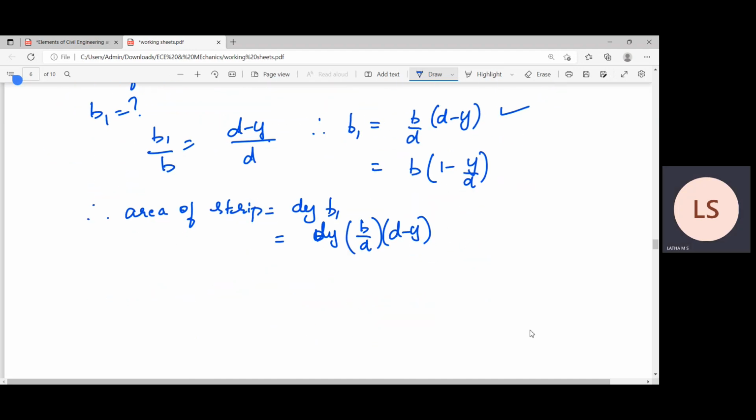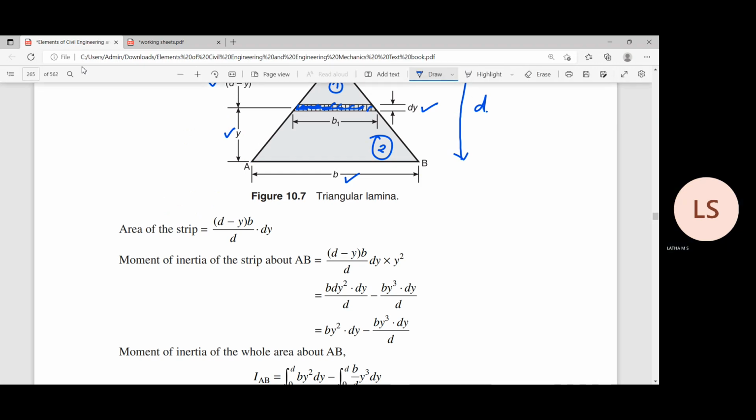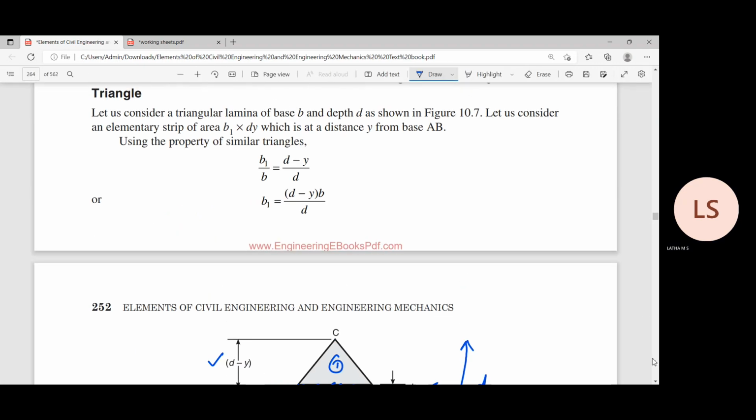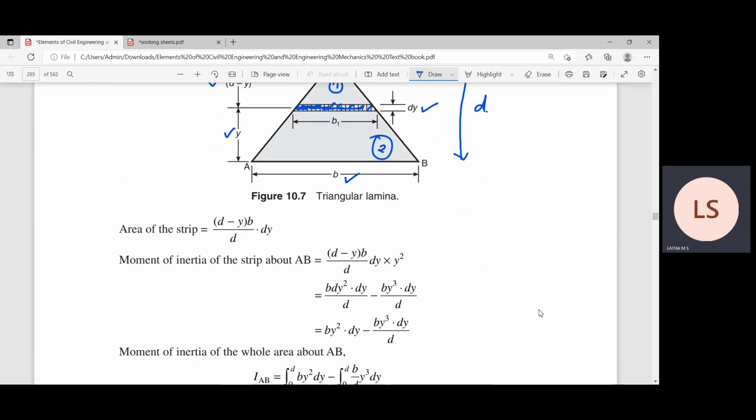Now, similarly, such strips will be available throughout. Here we are calculating the moment of inertia of the lamina. This elementary strip is at a distance of y from AB.